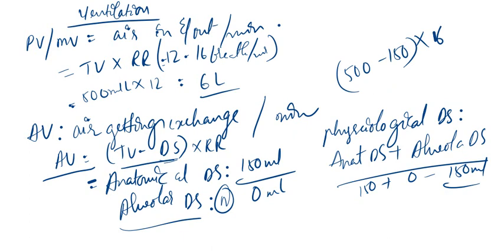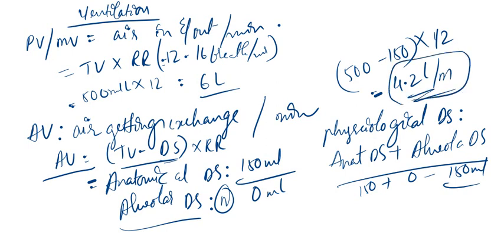So ultimately we will keep 12 here. So how much will it come to? It will come to around 4.2 liters per minute. Now this is the alveolar ventilation. So remember one thing, pulmonary ventilation or minute ventilation is 6 liters. Alveolar ventilation is 4.2 liters.